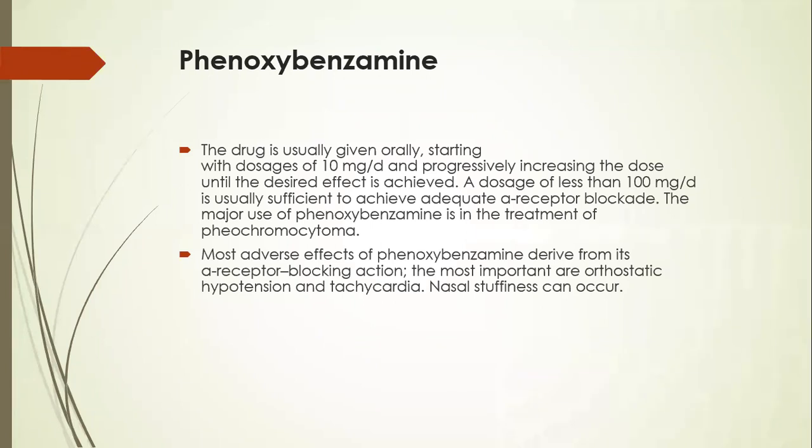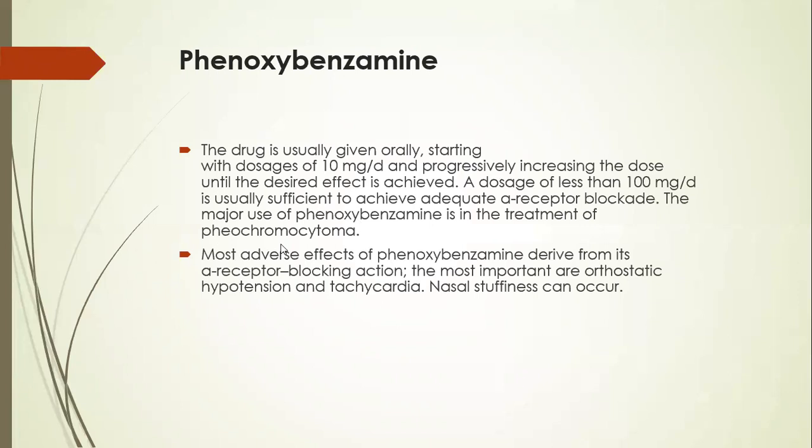Paraganglioma is the condition when tumors occur outside of the adrenal gland or adrenal medulla. But in pheochromocytoma, the tumors occur inside of the adrenal medulla, which results in the increased production of epinephrine and norepinephrine.